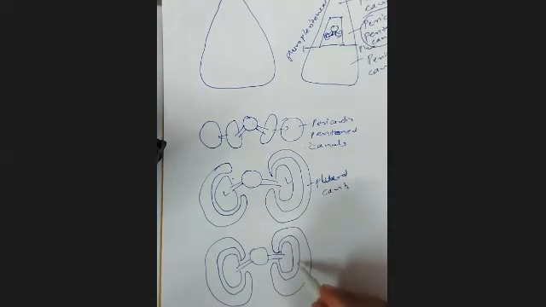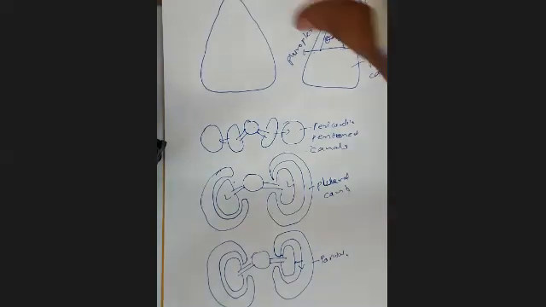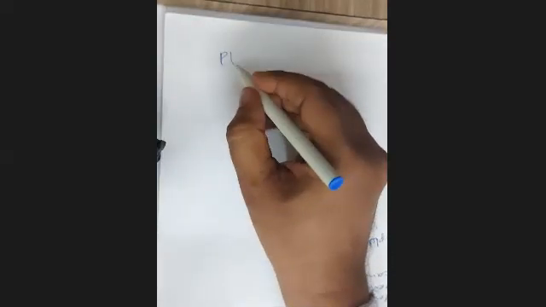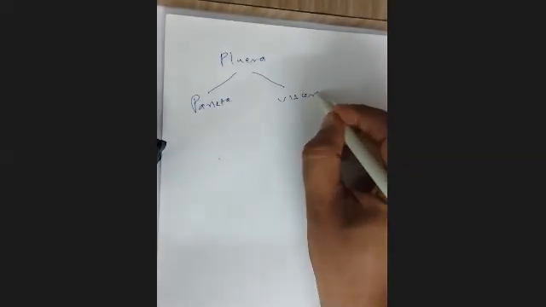This pleura, which is attached to the lung, is the visceral pleura, and this, which is attached to the body wall, is the parietal pleura. So pleura is parietal and visceral.